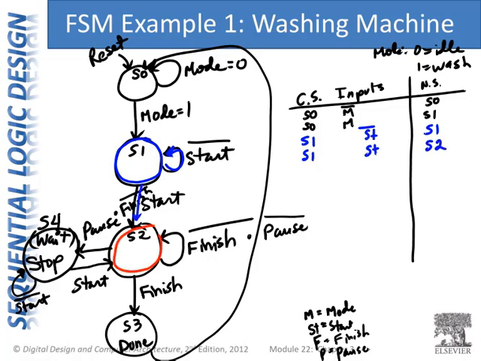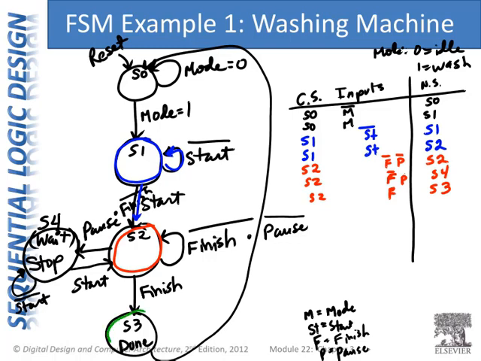If we're in S2, and now we have a few more variables here, but finish is 0 and pause is 0, then we want to go back to S2. If we're in S2, finish is 0, but pause is 1, then we want to go to S4. If we're in S2 and finish is true, everything else is a don't care, then we want to go to S3.